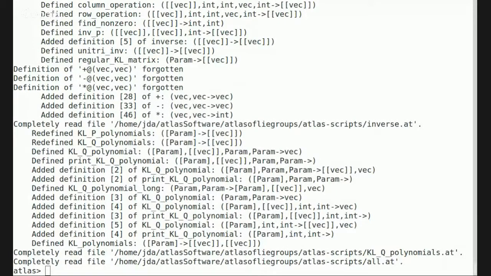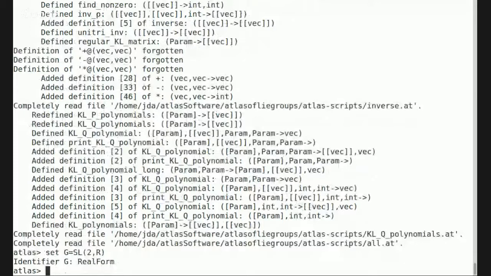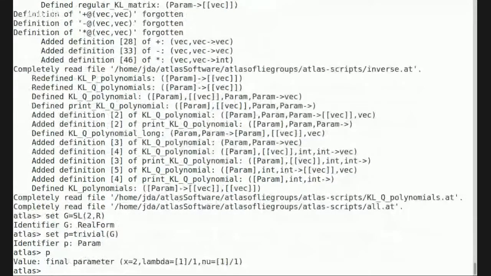And let's just refresh our memory how all of this works and start by doing a couple examples of parameters. So let's set G is equal to, of course, what else but SL2R. And let's set P to be the trivial representation of G. And there it is.